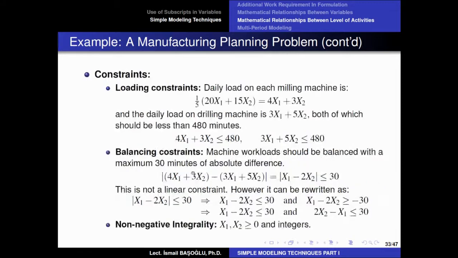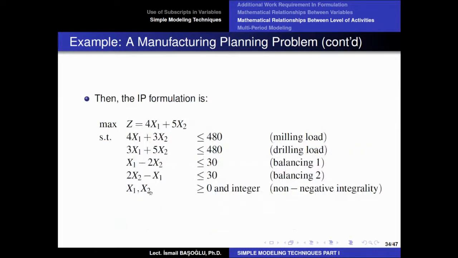And also we have calculated the absolute difference between these two workloads, and this absolute difference is summarized as |x1 minus x2|, which should be bounded by 30.